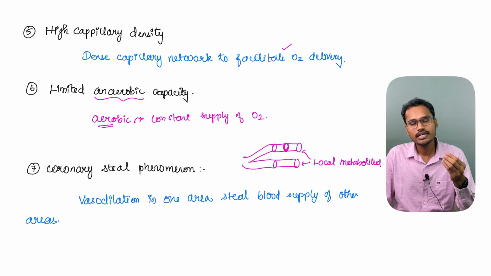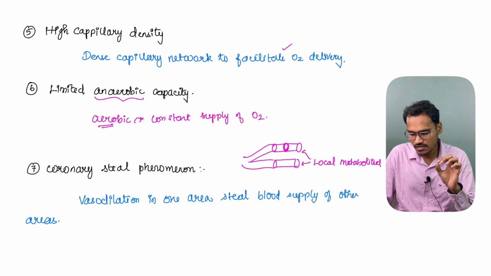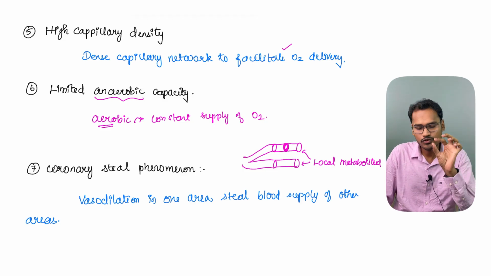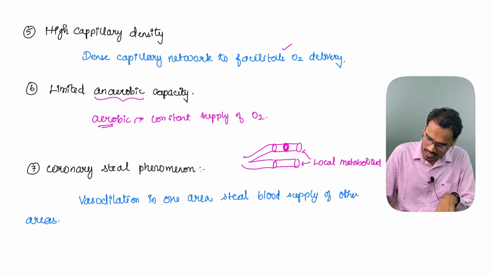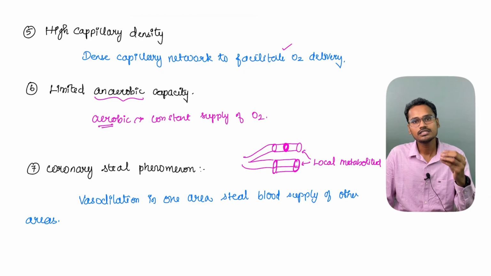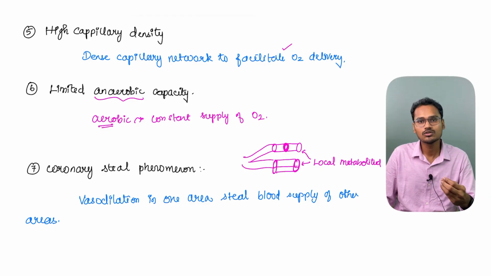Because of its inherent nature, one of the vessels was already obstructed. Even if you dilate it, it cannot dilate further. What happens is, the other vessel, which is normal, will dilate massively. Why? Because the local metabolites act on those vessels and dilate them massively.